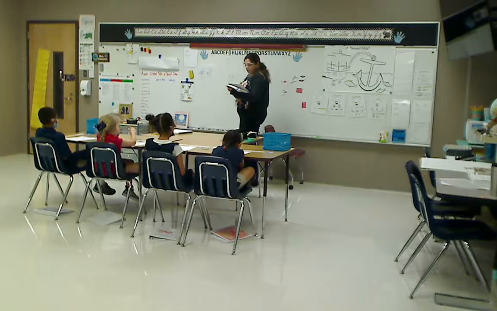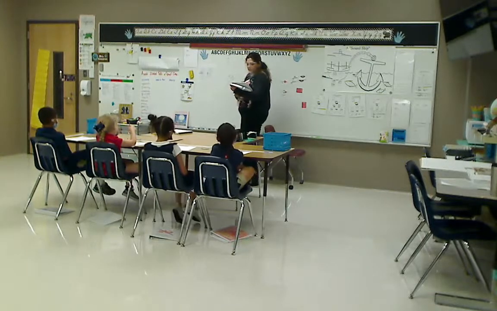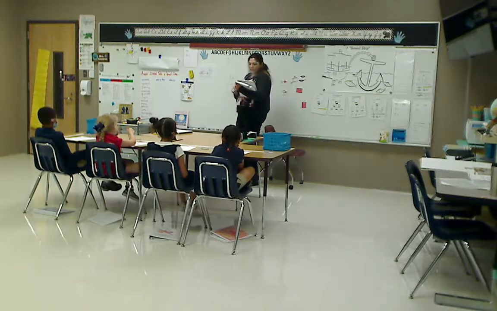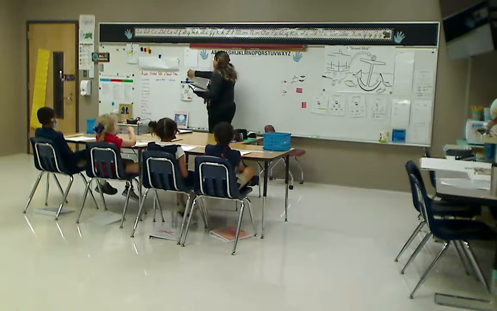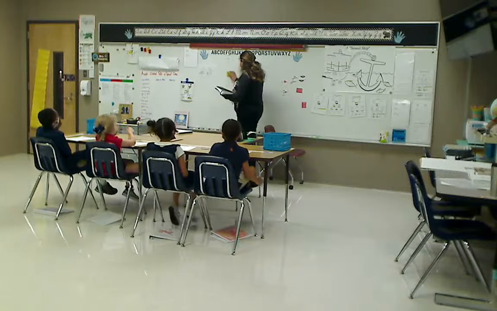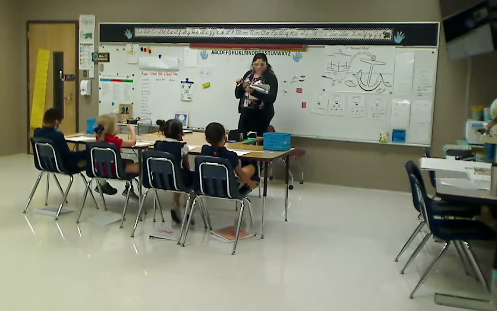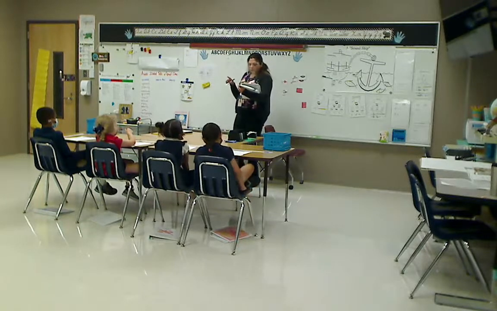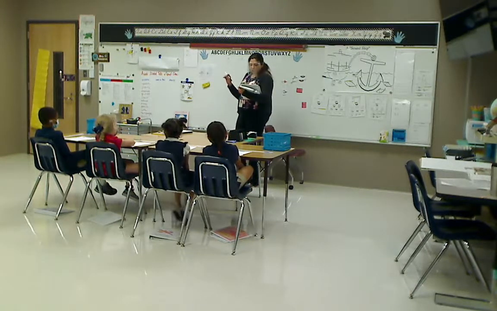Today we're going to begin reading phrases. A phrase is a group of words that has meaning but does not express a complete thought. Echo. A phrase is a group of words that has meaning but does not express a complete thought.